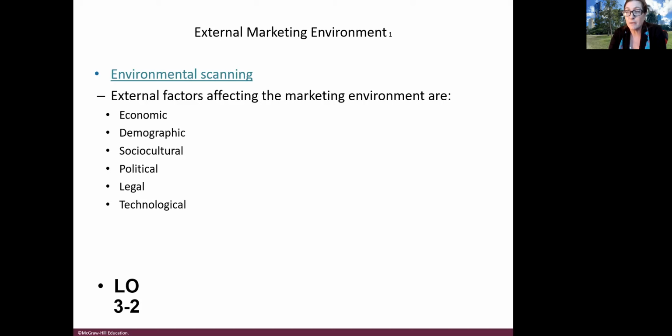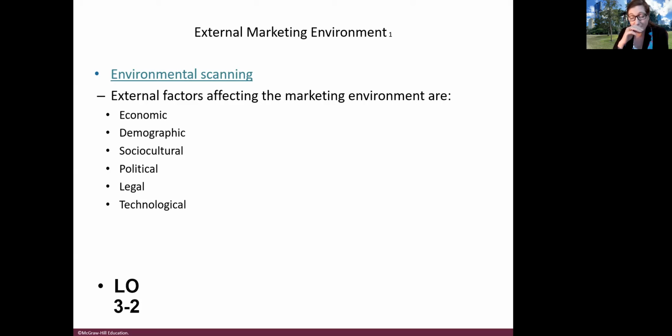All right, now, environmental scanning is just as important in the domestic market as in the international market. This process of environmental scanning looks at various macro markets, and some of you might know the PEST or the PESTEL framework. So PEST is the framework to help you to understand that P is for political macro environment, E is for economic macro environment, S is for sociocultural and demographic macro environment, and T for technological.